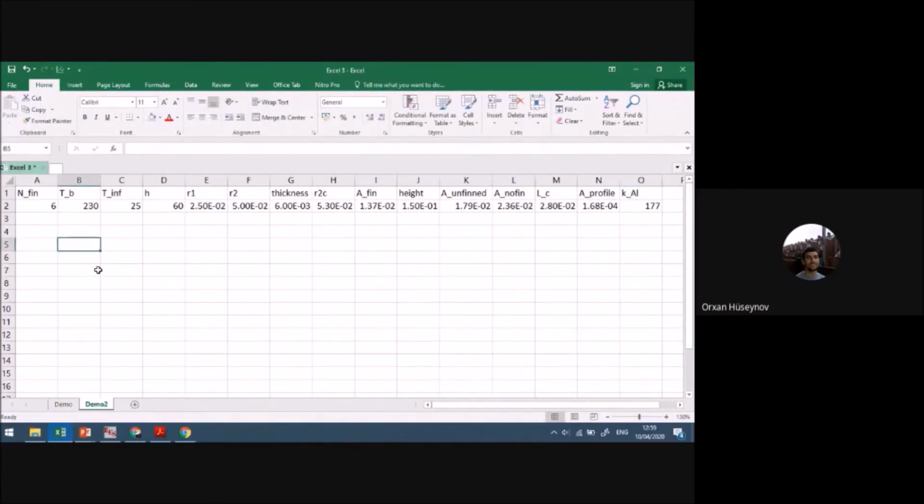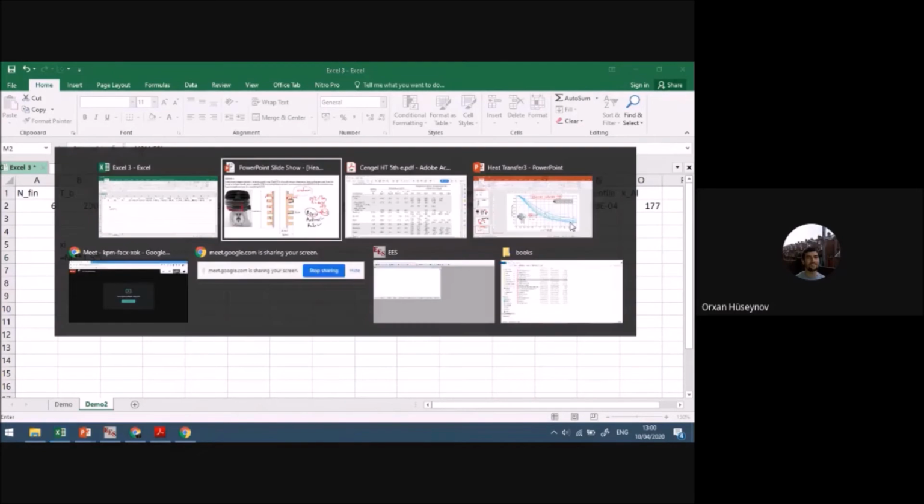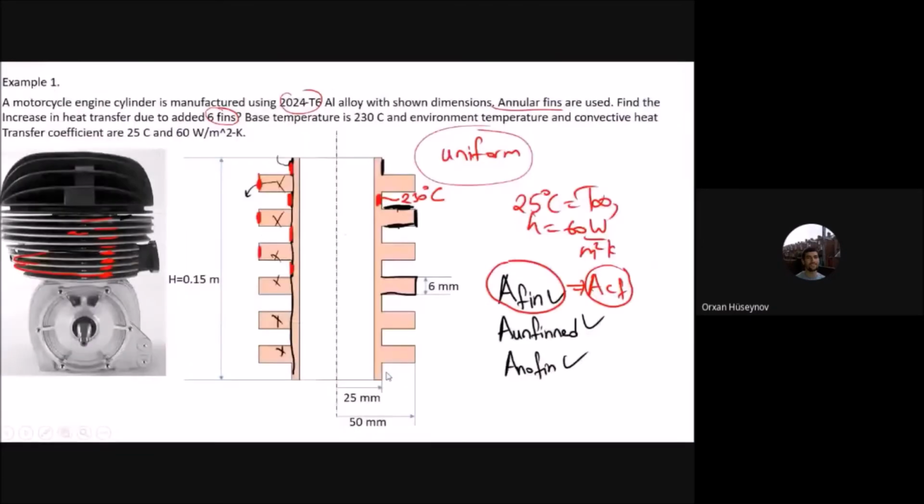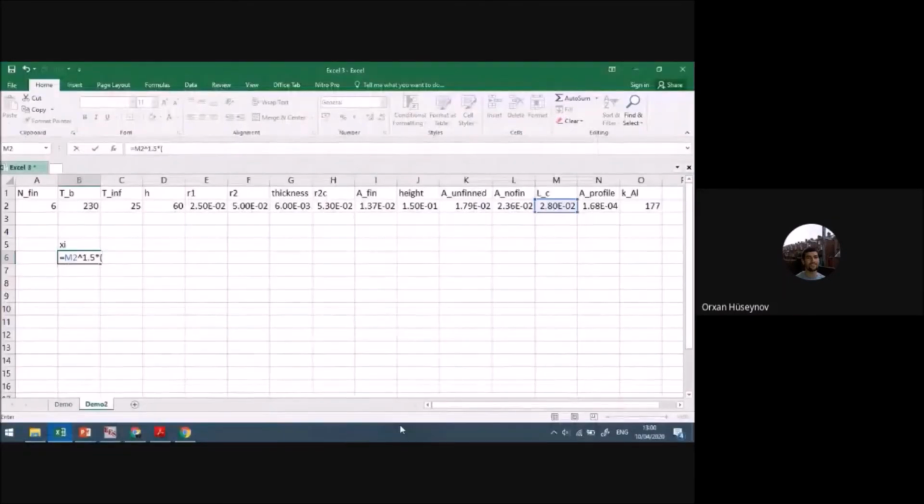Let's take the coordinate now. It will be Lc to the power of 1.5 multiplied with h divided by, in brackets, the conductivity times the profile area, to the power of 0.5.